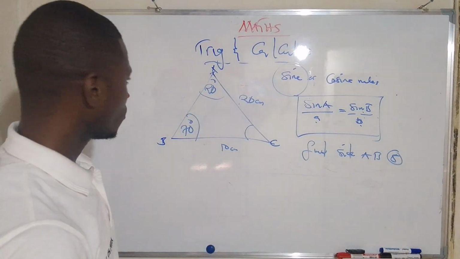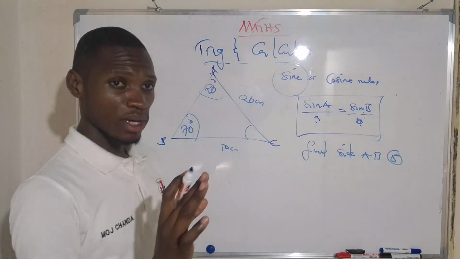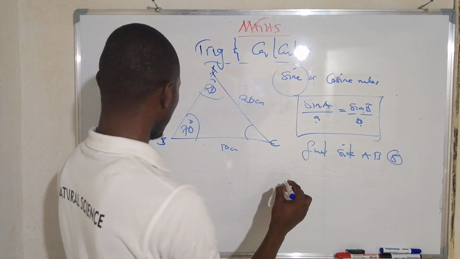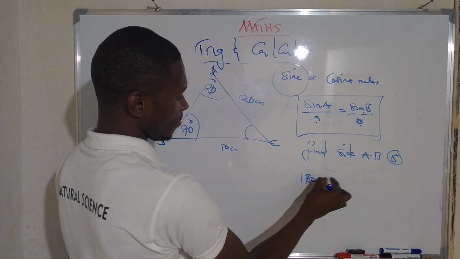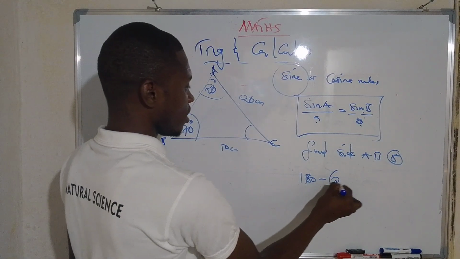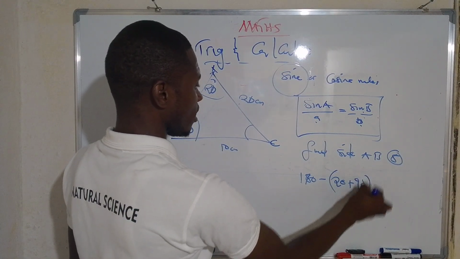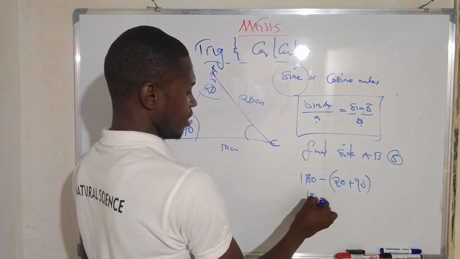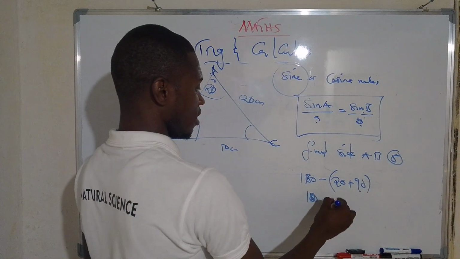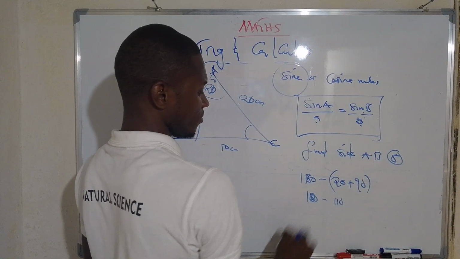Because angle and side we don't have. So since we know that the triangle adds up to 180, I'm going to say, it's not that difficult. Just say 180 minus, open bracket, 20 plus 90. Therefore, 180 minus 110.